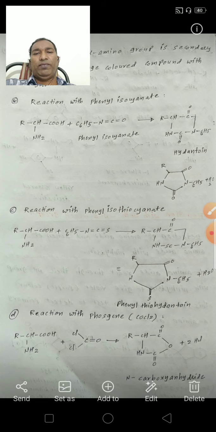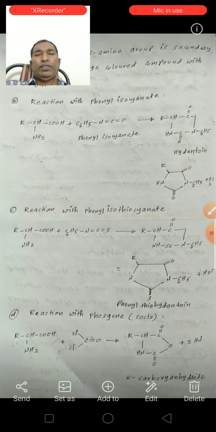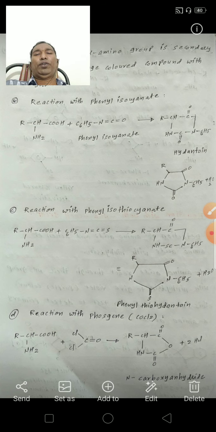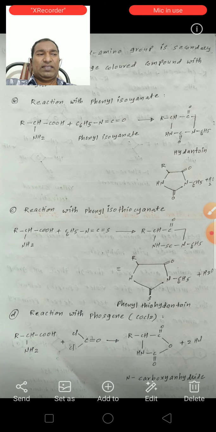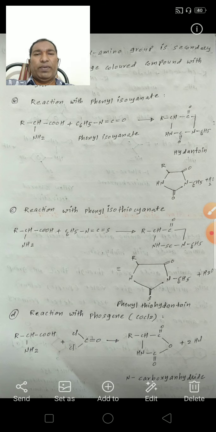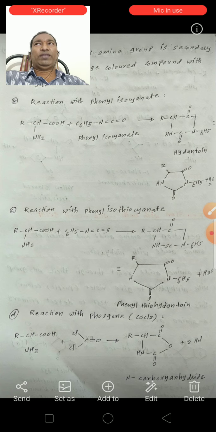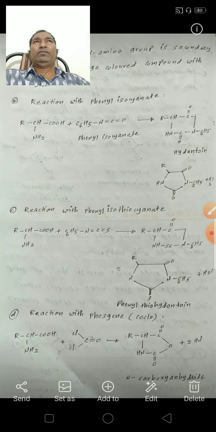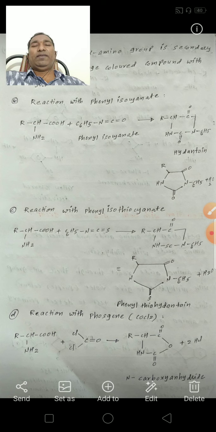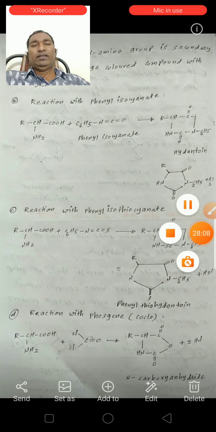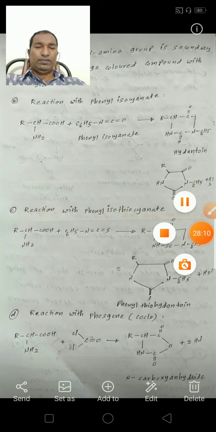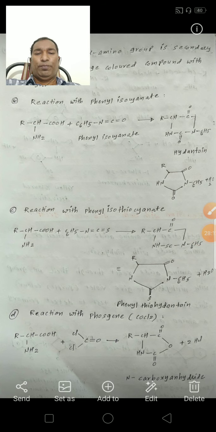Third one, reaction with phenyl isothiocyanate, and fourth one, reaction with phosgene. Next, reaction with carbon disulfide. In all these reactions, both the NH2 and COOH functional groups of amino acids are involved in forming the products.